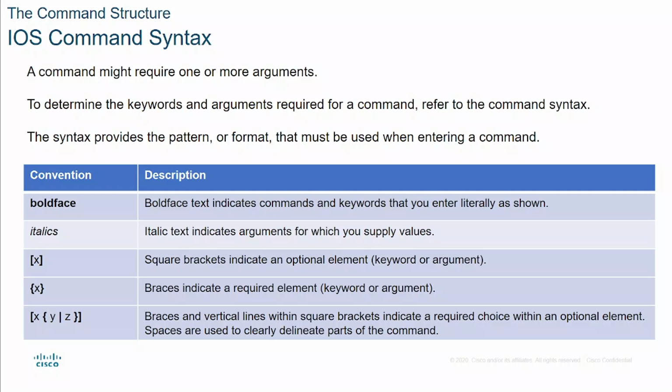Spaces are used to clearly delineate parts of a command. For example, now we have x or y or z. This is like an option. Remember in Python we did that, y or z.